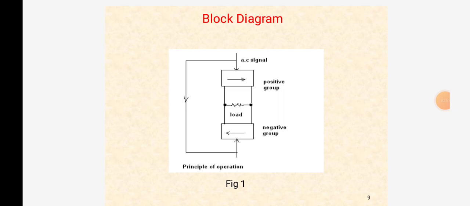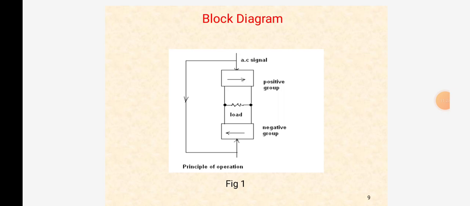It mainly consists of two groups of rectifiers, one forming the positive group and the other the negative group, which feed a common resistive load R. The input to both groups is the same. The waveform of input voltage Vi consists of alternate positive and negative half waves of frequency f.